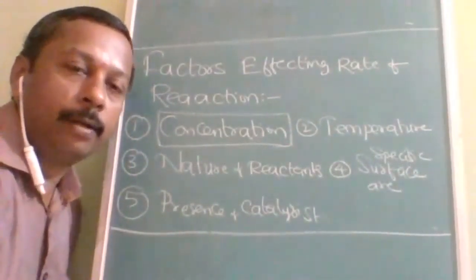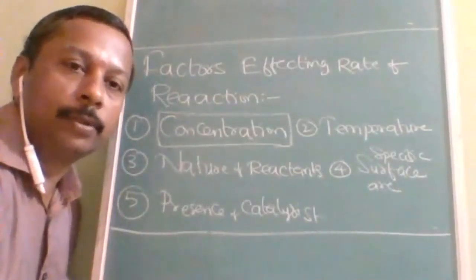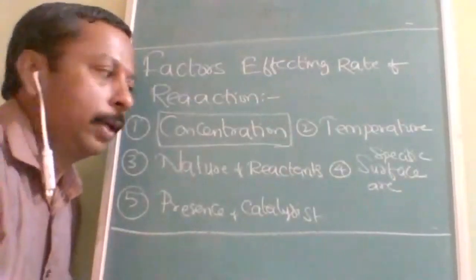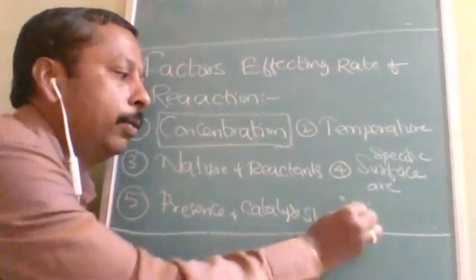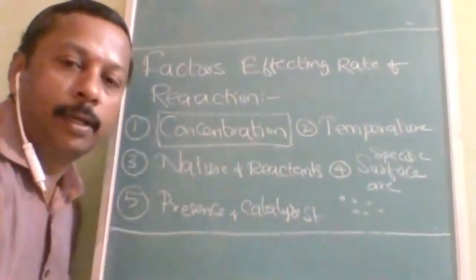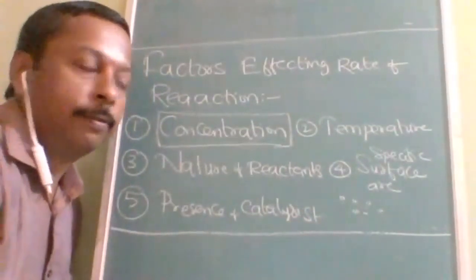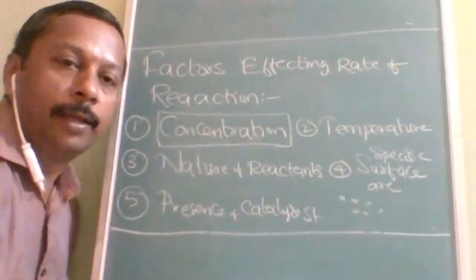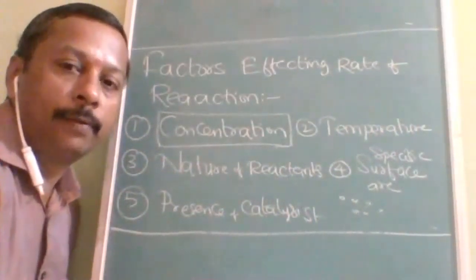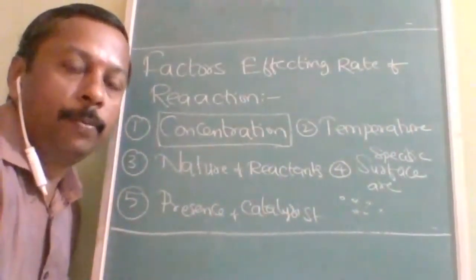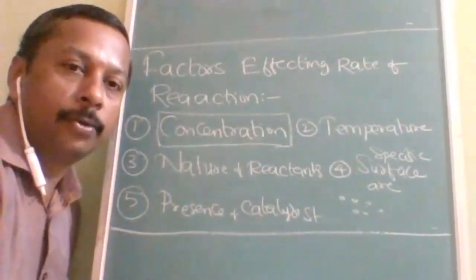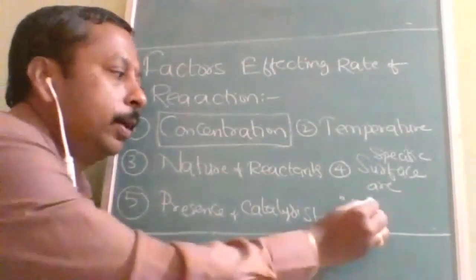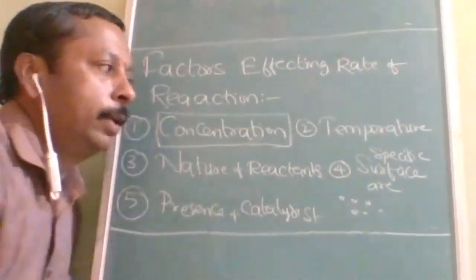Even if they want to react, if the molecules are big in size, they cannot react. If they are small, powdered particles, they will react fast. If somebody wants to move from here to here and they are heavy, they will take time, and their rate of reaction will be slow. If two people are thin and lean, they will go fast. That is the powdered form. Why powdered form?